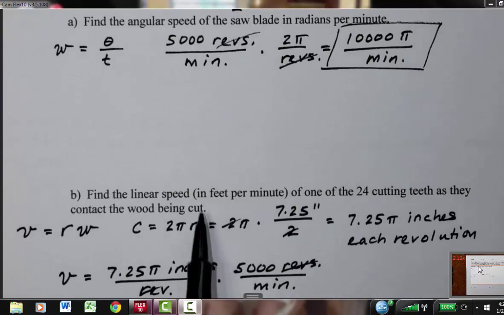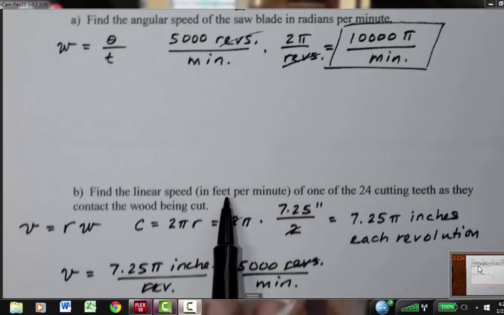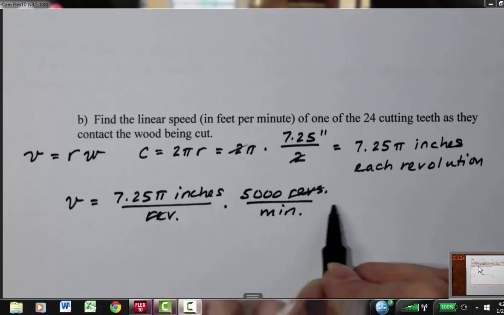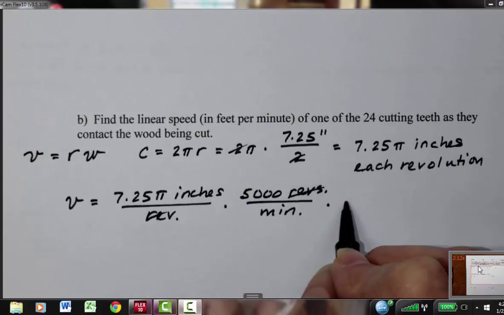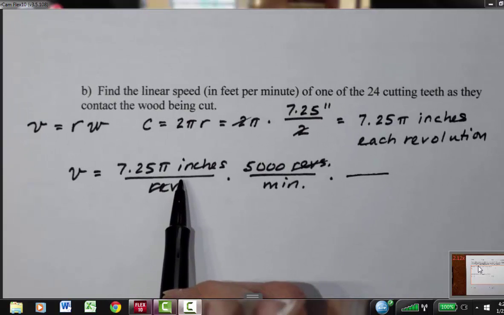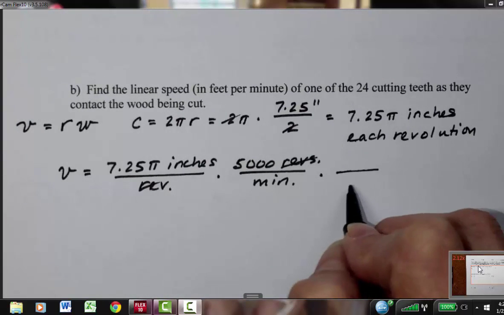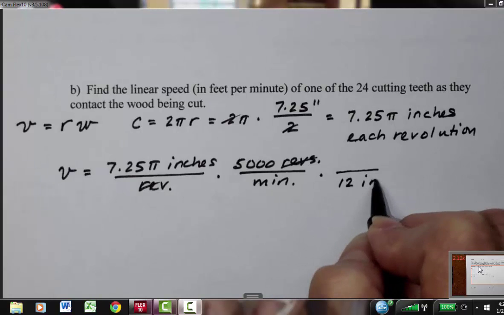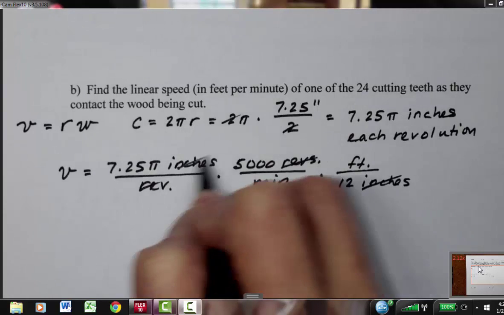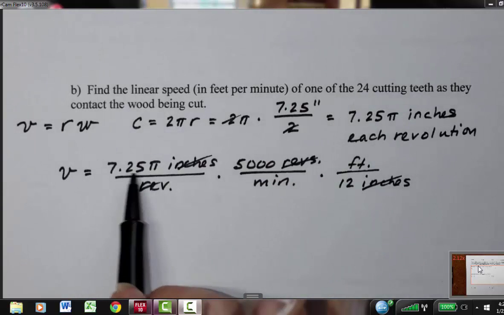Notice that the problem says that they want the answer in feet per minute, so I'm going to need to switch from inches to feet. So that means I'm going to need to use a conversion. There's 12 inches in a foot. I don't want inches as one of my units anymore, so I'm going to put inches on the bottom, 12 inches, and then I'm going to put feet on the top, and then my units of inches cancel out. So what am I left over with?